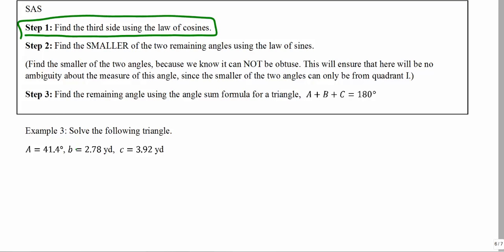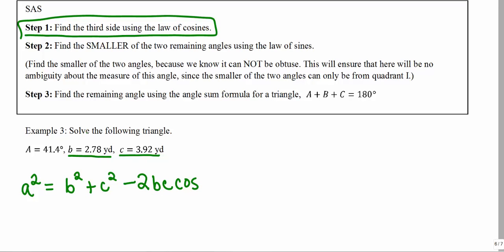So we know two sides, side B and side C. We first want to start out by finding the length of the third side, which would be side A. So A squared equals B squared plus C squared minus 2 times B times C times cosine of angle A. The side we start with is the angle that we end with. We're going to plug everything in.